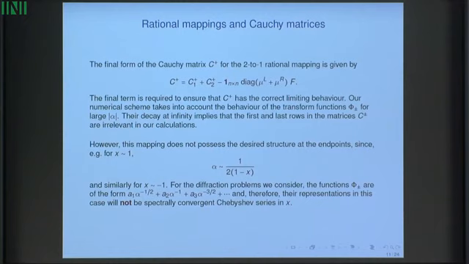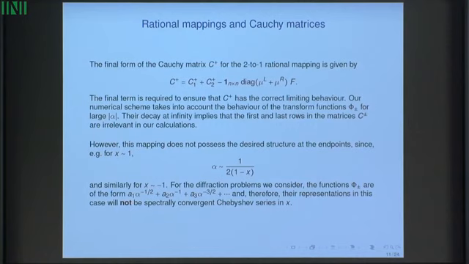And for the diffraction problems that we're interested in, the function we're looking for has this square root behavior near the origin, which means that if I use this mapping and I have this local behavior, then if I take the minus square root of that, I have 1 minus x to the minus a half. So if I represent my function using this mapping, I do not expect to have a spectrally convergent Chebyshev series in terms of the x variable.